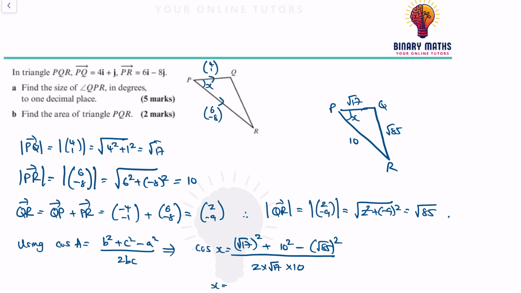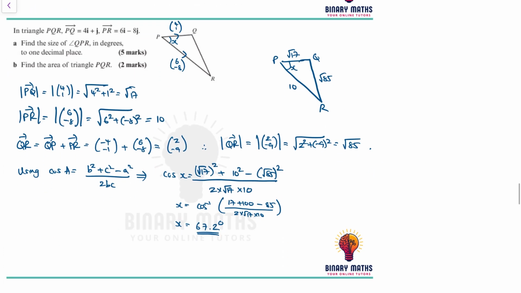So x will be inverse cos of all that, which is 17 plus 100 minus 85, all over 2 times root 17 times 10. And I get a value of 67.2 degrees from my calculator. So this was part A.